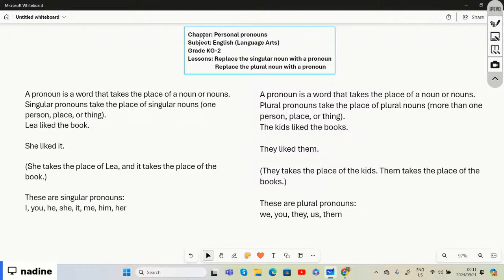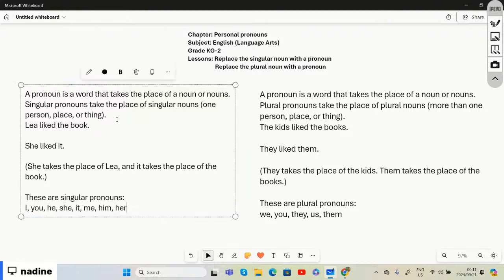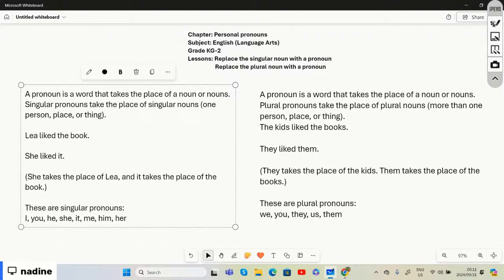All right. And if we look at an example of a singular pronoun as well as a plural pronoun, an example is: Leah liked the book.